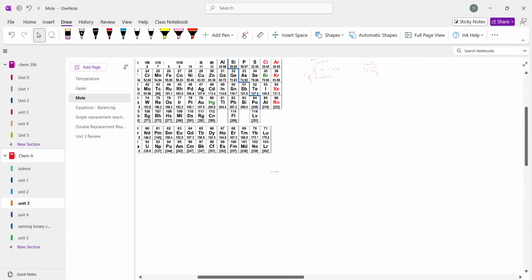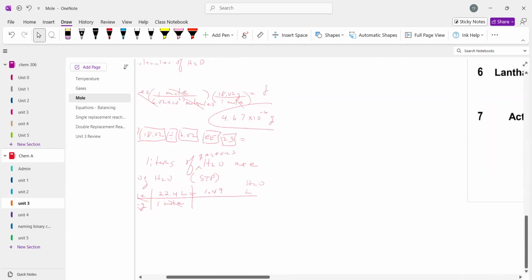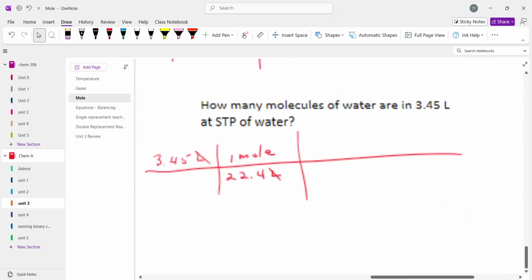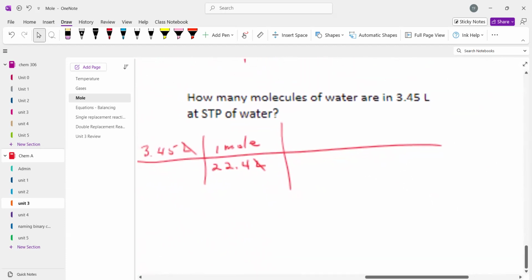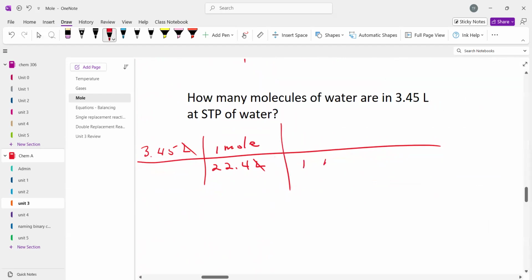Let's see, where did I leave off here? Okay, so now we have moles. So let's go to Avogadro's number. Now this can be molecules or atoms.